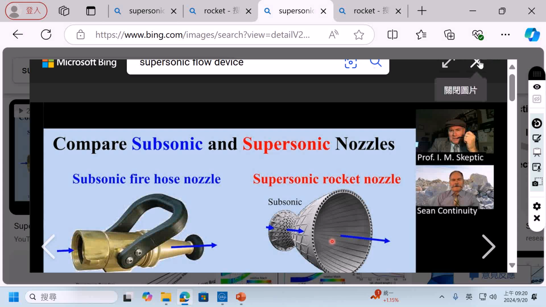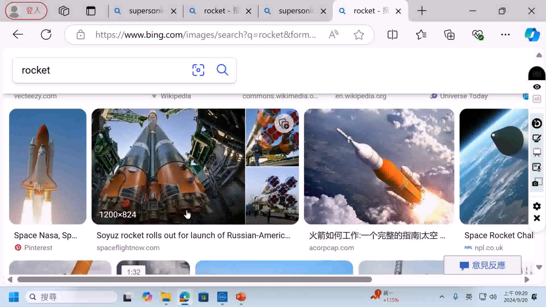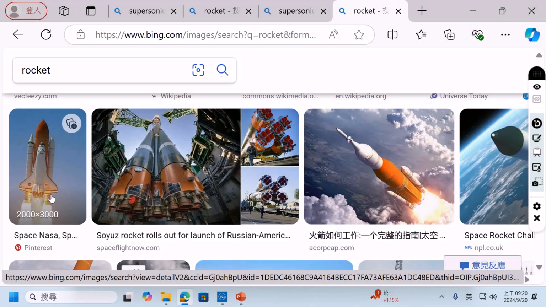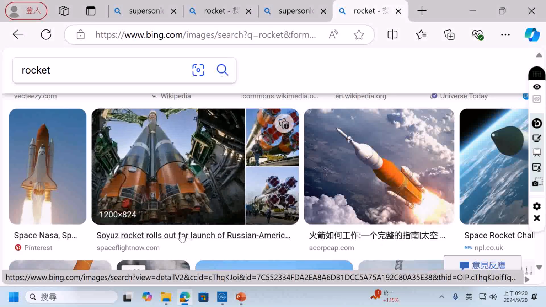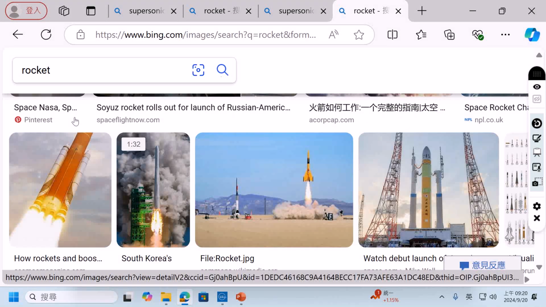Even if you have no memory about this supersonic nozzle, at least from now on, when you see a rocket, you can tell your friends, we know why the shape is this way. It will create a supersonic flow. If you are interested, you can go to this book.